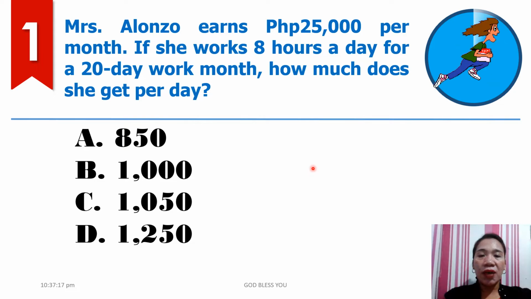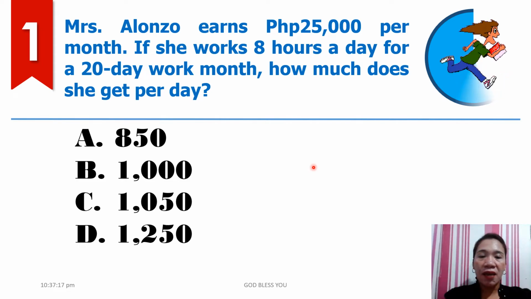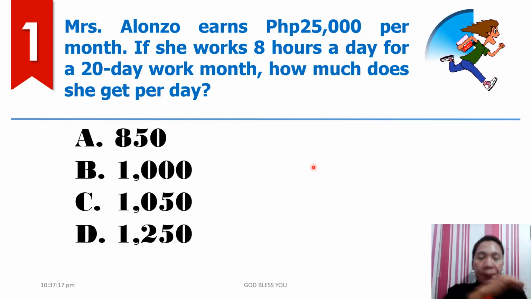Mrs. Alonso earns 25,000 pesos per month. If she works 8 hours a day for a 20-day work month, how much does she get per day? A, 850, B, 1,000, C, 1,050, D, 1,250.